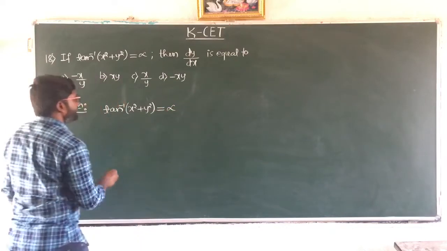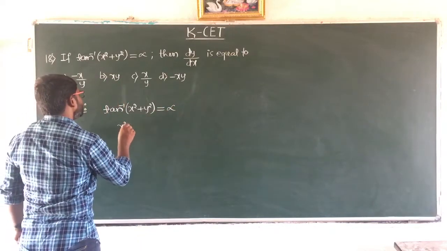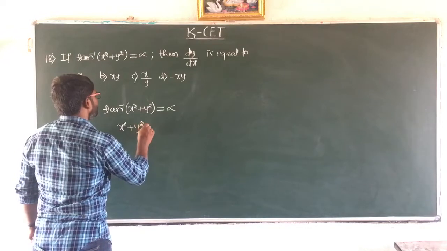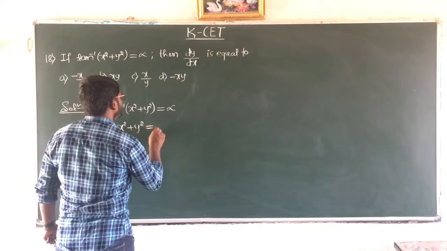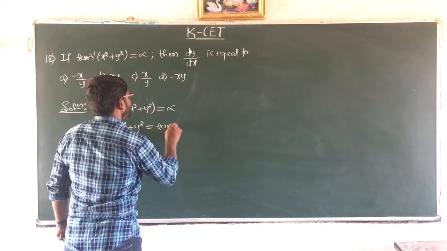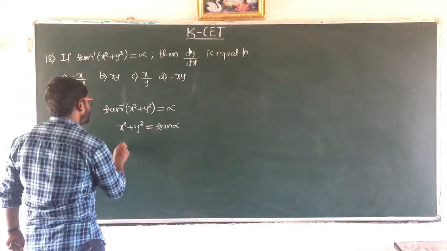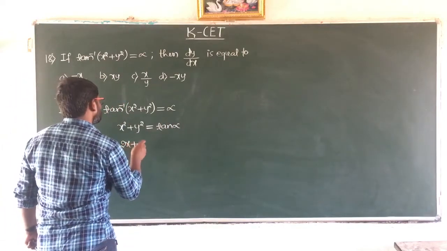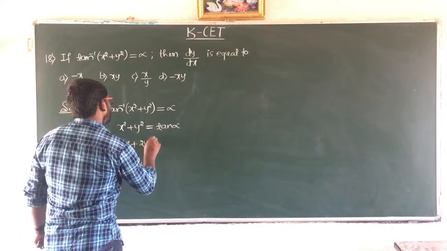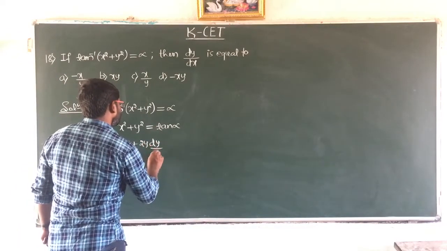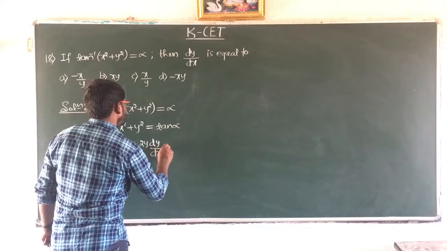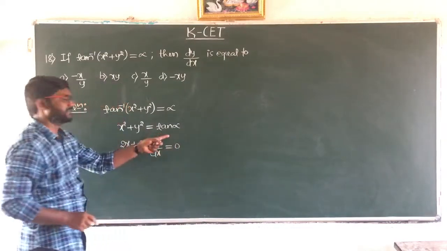So now this can be written as x square plus y square is equal to tan alpha. Now differentiate both sides with respect to x. We get 2x plus 2y dy by dx is equal to 0. Derivative of constant it is 0.